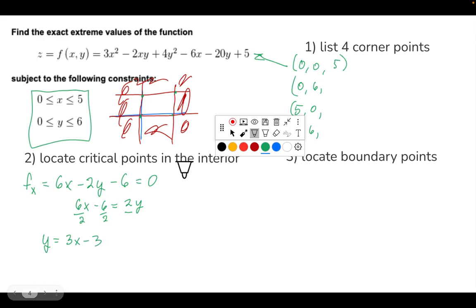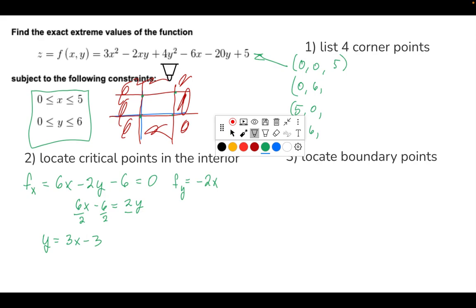I might need some more room, but that's okay. I find that partial with respect to y, and that's where I might need to use this, so I know this is one of the sort of constraint things. So when I take the derivative of y, that's 0, 3x squared is 0. This is negative 2x, right, because we took the derivative of y, which is 1. We come to plus 4y squared.